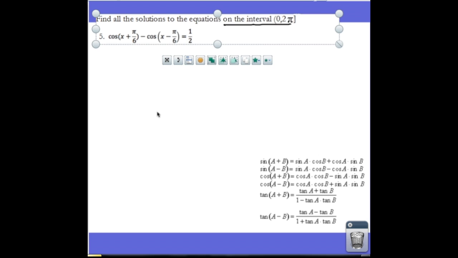Now we're going to look at a different example, and these require the sum and difference formulas. For this example, you'll need to use the sum and difference formula twice.